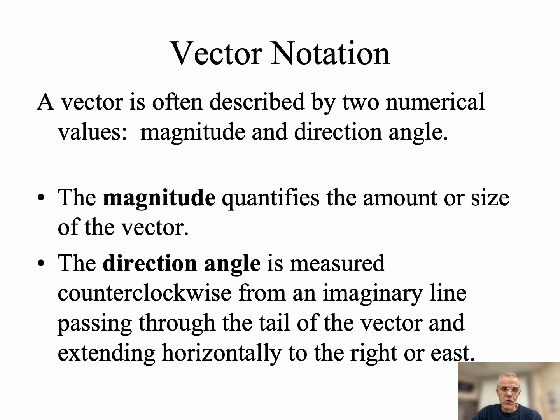A direction angle specifies which way the vector is pointing toward, and the way we determine it most often, similar to what you often do in a math class with angles, is we're going to start and move counterclockwise, starting at a line that's horizontal and pointing to the right or east. So pay close attention to that statement. That's actually a pretty important one that you don't want to get confused about. And we're going to look at some examples with the rest of this video. We're going to illustrate this idea about the direction angle.